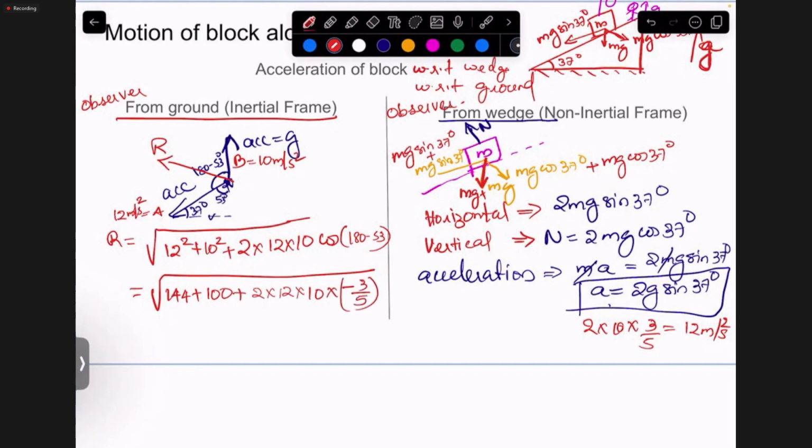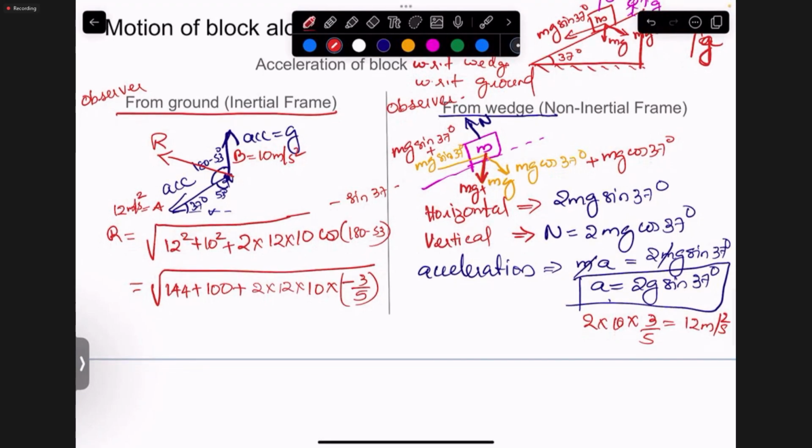It is like cos of 180 minus 53 is equal to minus sin 37. That is equal to 244 minus 240 times 3 by 5, is equal to root of 100, equal to 10 meter per second square.